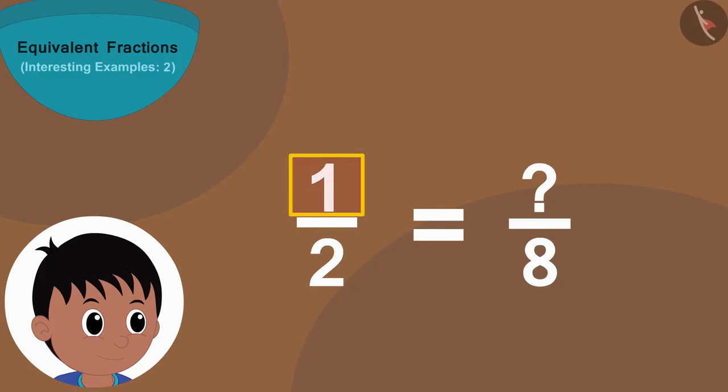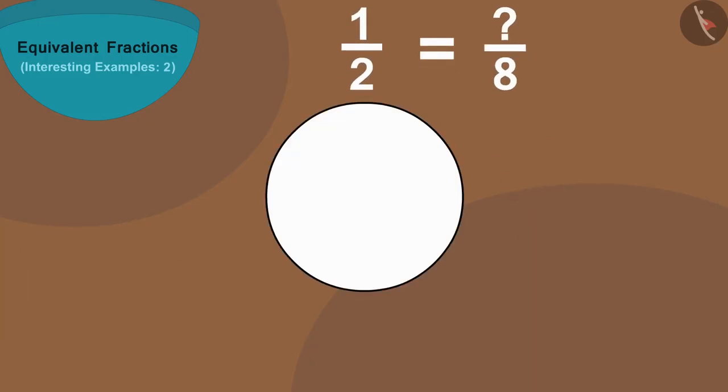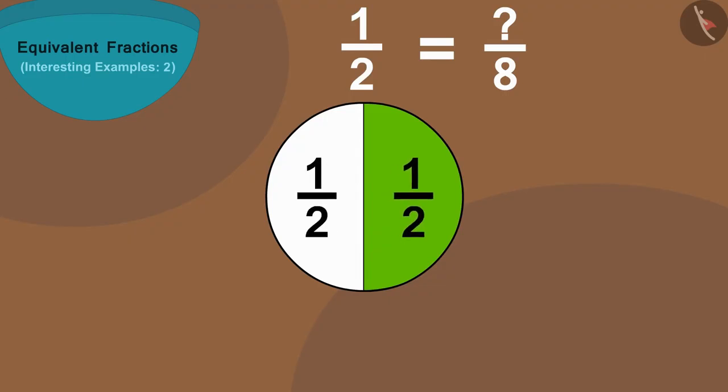And the number 1 shows that we took one of those 2 parts. Like, if we divide this circle into 2 equal parts and fill color in one part, then we can write the colored part of the circle in the form of a fraction in this way as 1/2.